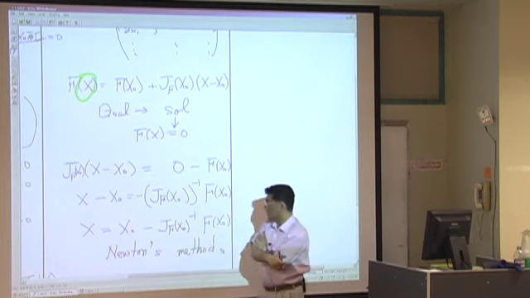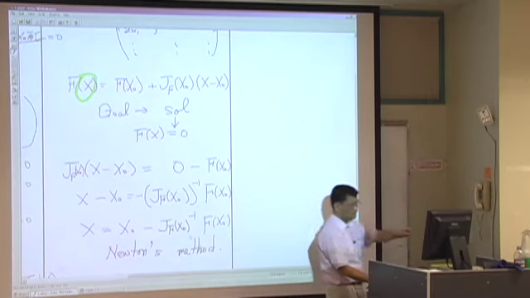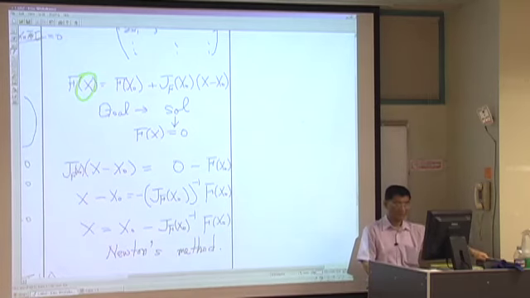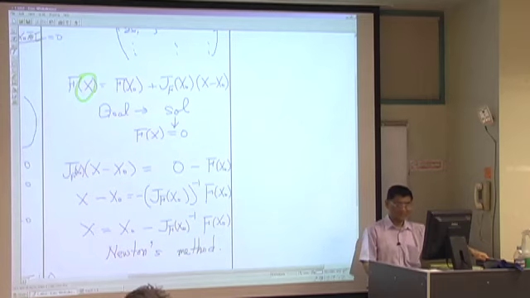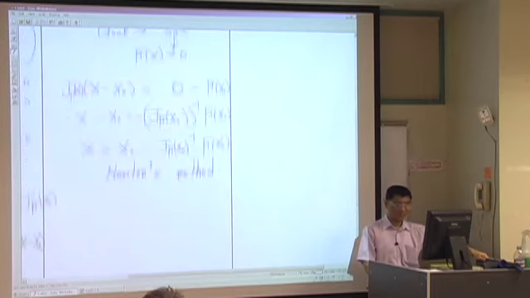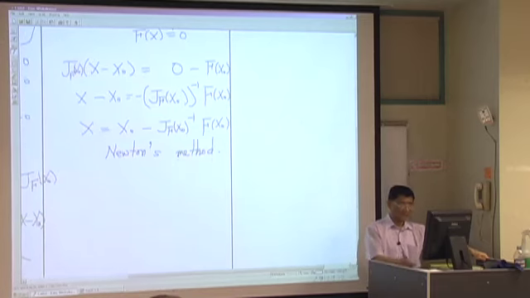So I will solve one example with you. You may make up a nonlinear system if you want. What nonlinear system do you want? x1, and what power do you want? Squared. And what coefficient? 4.